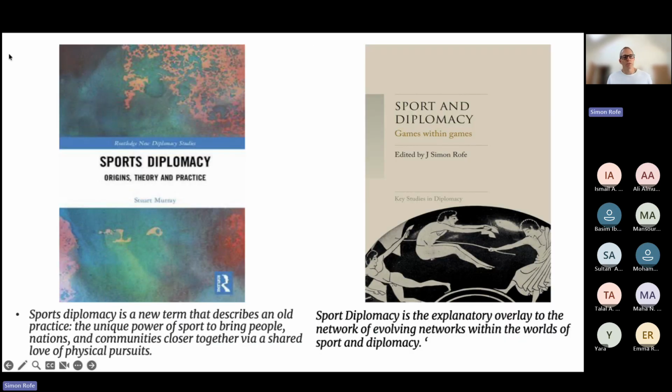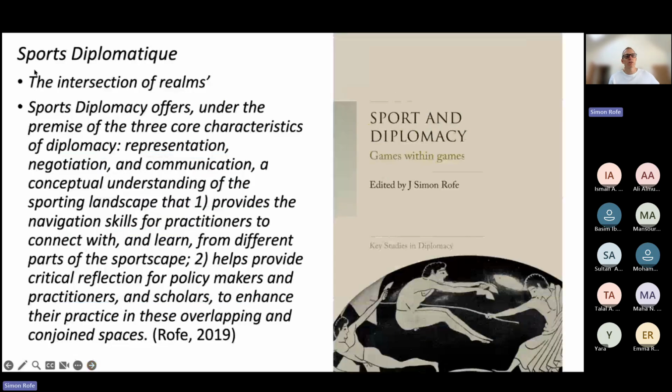So much of this work on sport diplomacy has been captured in some literature. I recommend Stuart Murray's book, Sport Diplomacy: Origins, Theories and Practice, and something that I did back in the day. But what this suggests is that sport diplomacy is at least part of how we conceive of the nation, because it asks us to think about things that happen, that impact and are impacted by nations.